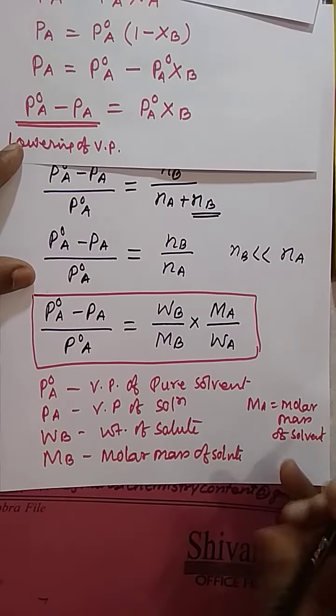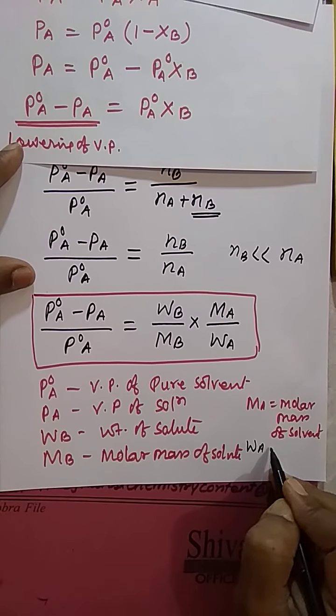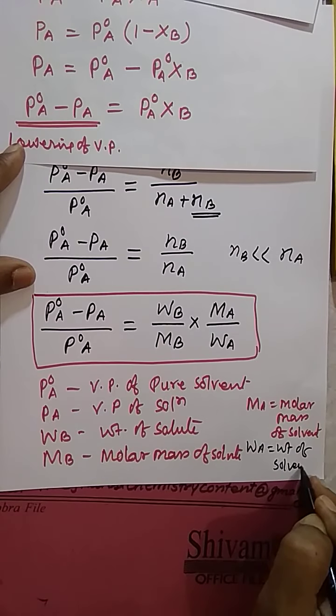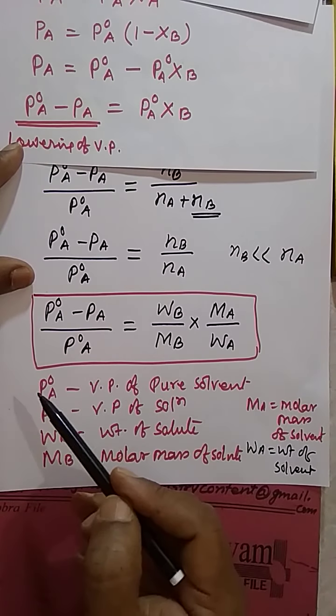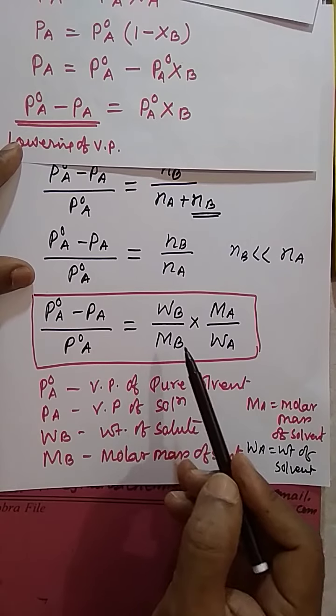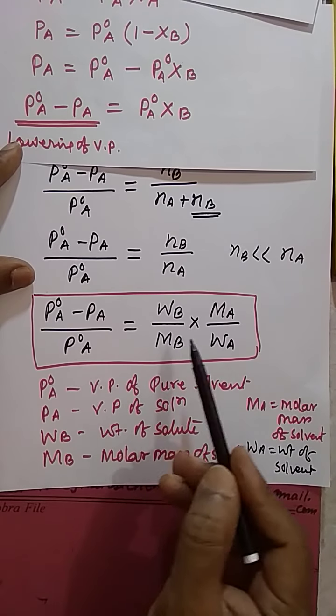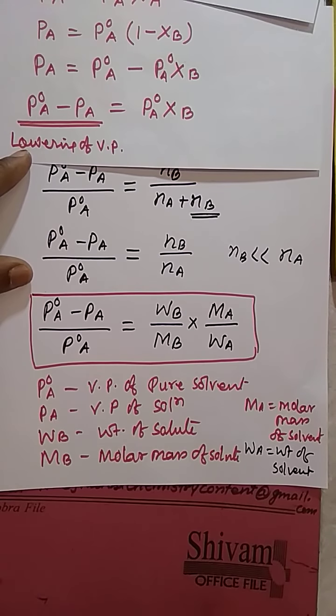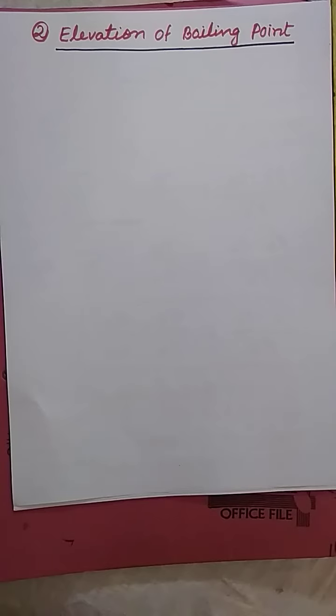And WA, weight of solvent, right? So if some unknown quantity you have to find, then you can easily calculate by using this relation. Okay, now we see the next colligative property.